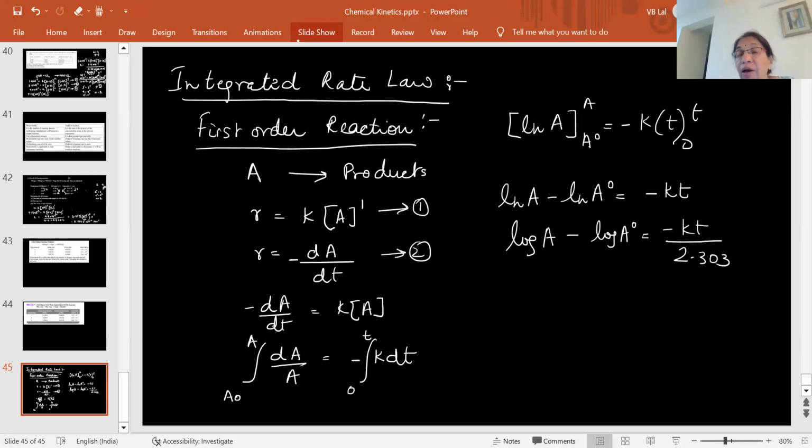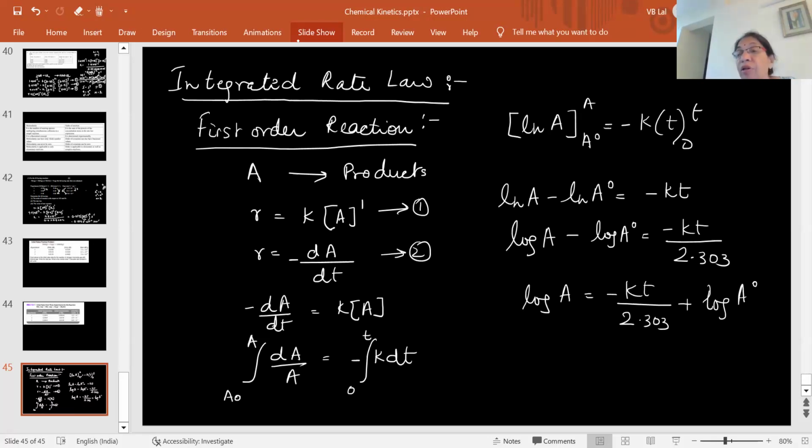Right? Now I can change this again and I can say log A is equal to minus Kt by 2.303 plus log of A0.